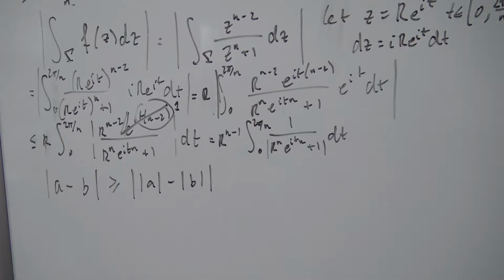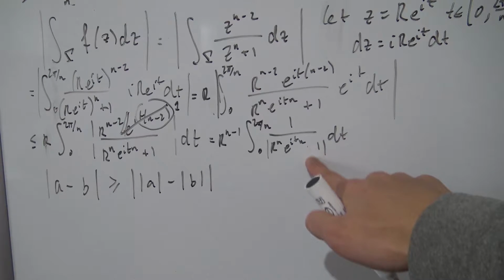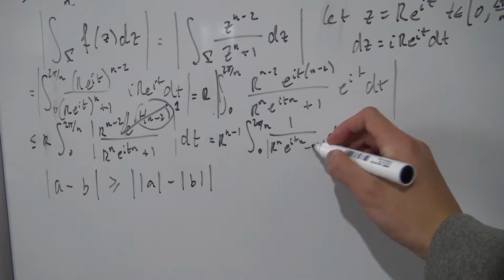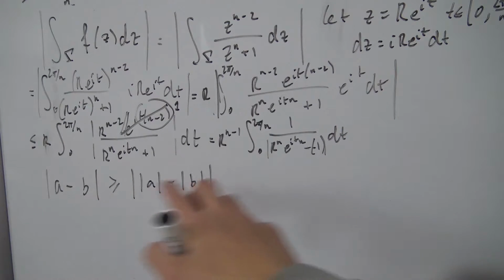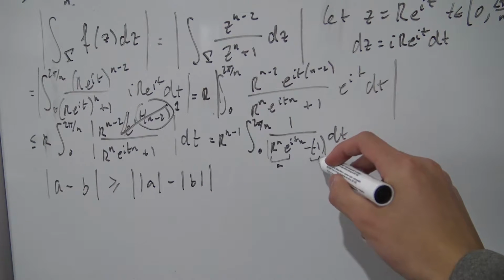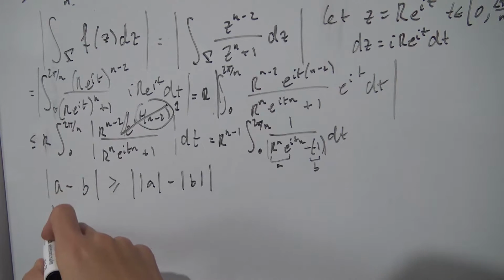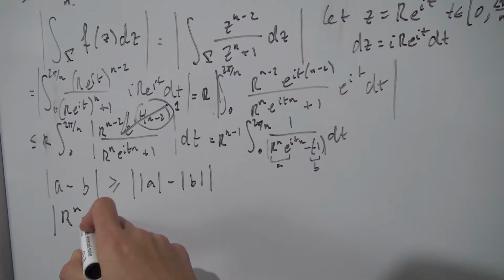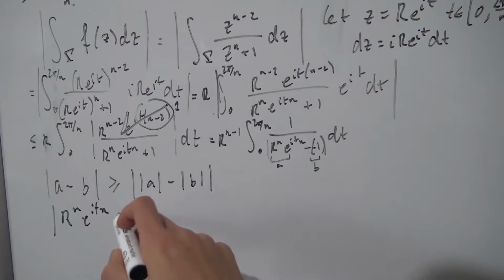So how can we identify our a's and our b's in this case? Well, we have a positive 1 right here, but we want a negative. So we just subtract off a negative 1 instead. Now our a becomes this term right here, and our b becomes just negative 1. So we have the absolute value of r to the n, e to the i, t times n, minus negative 1.